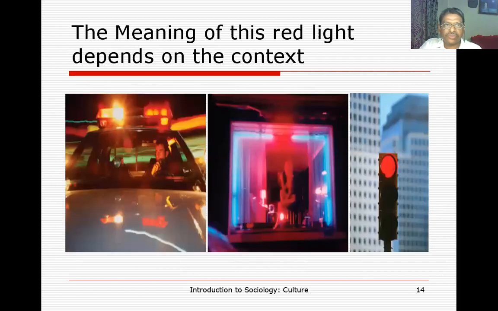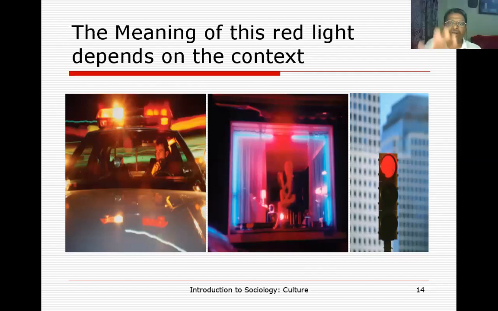So the meaning of a red light depends on the context. You don't need to have a big board or anything. The red light has different ways of being understood. If it is a red light at the four corners, you understand that the culture communicates: yes, you need to stop your vehicle.